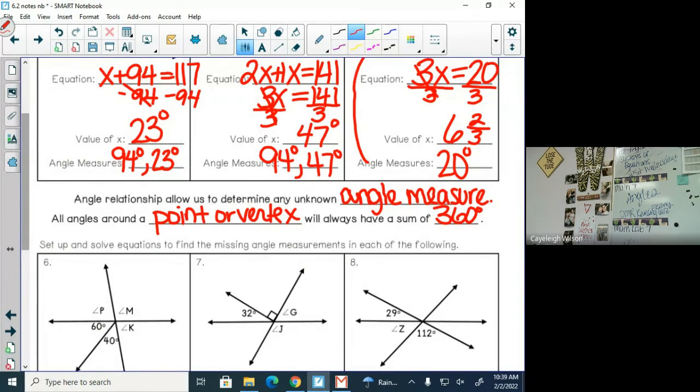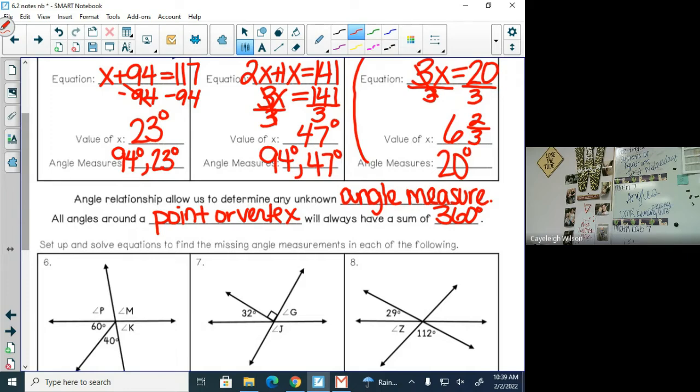That's like what we were talking about before on that first page. That point where both of those lines crossed, when we added up all four of those angles, they equal 360. So anytime I'm looking at a point where two lines cross, if I add up all the angles around, it will always equal 360.